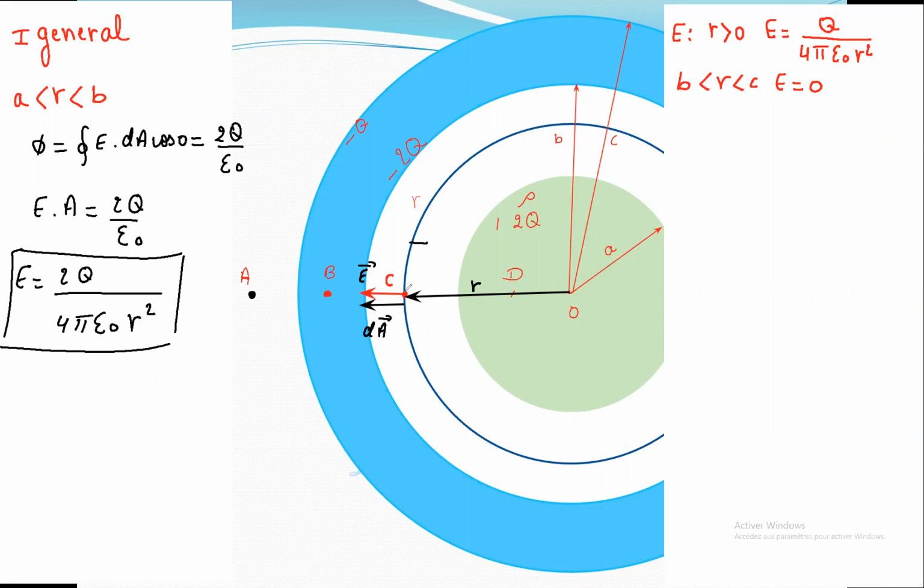At this point C, if you look inside here, you have a spherical object. You can consider this charge as a point charge. Okay, the second method.